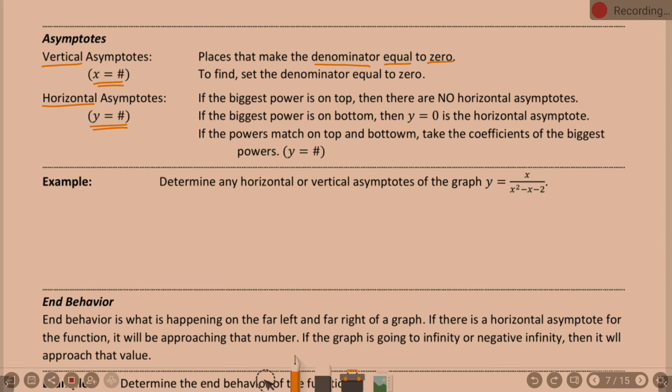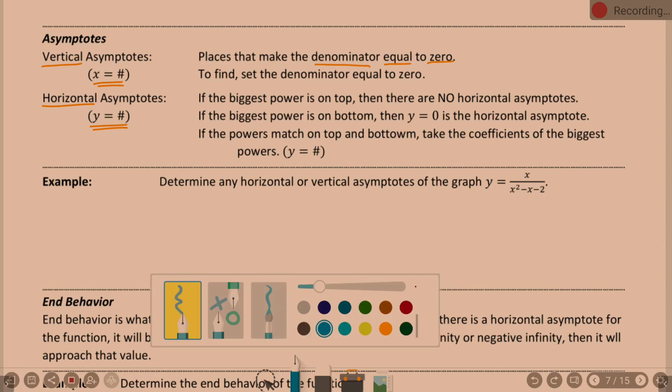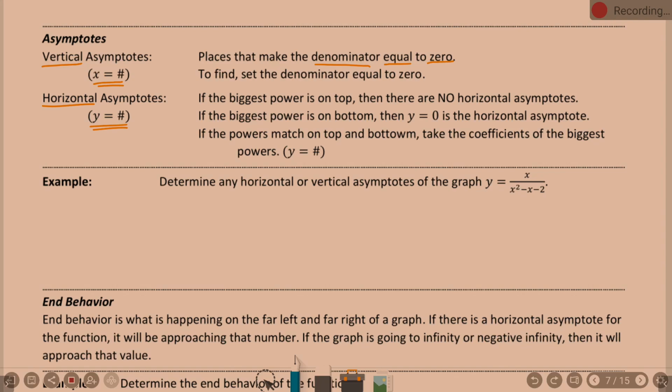It depends on your powers. If the biggest power is on top, notice there are no horizontal asymptotes. At some point you'll see a slant asymptote instead, which just goes at a diagonal.